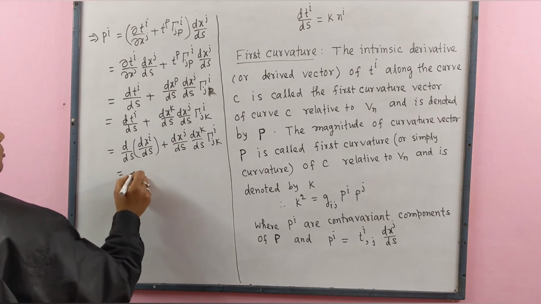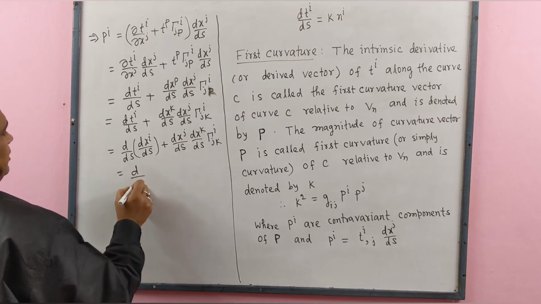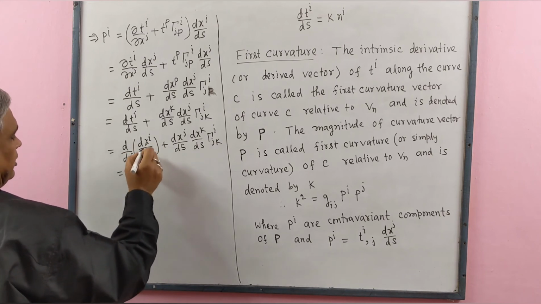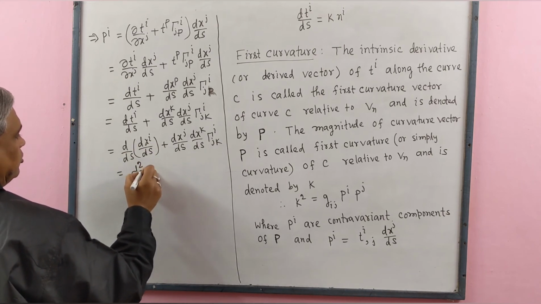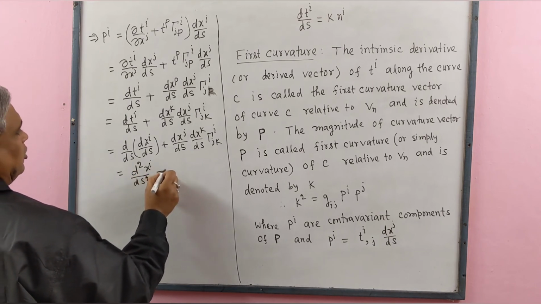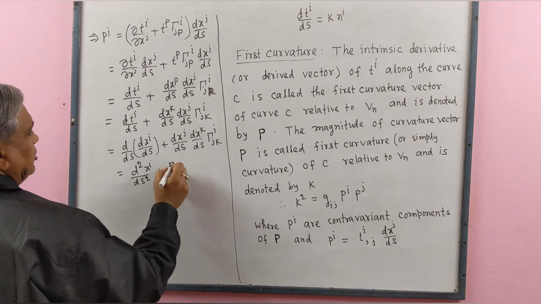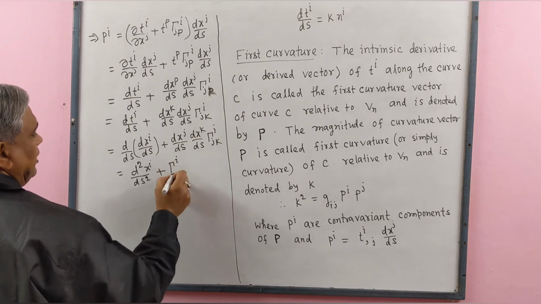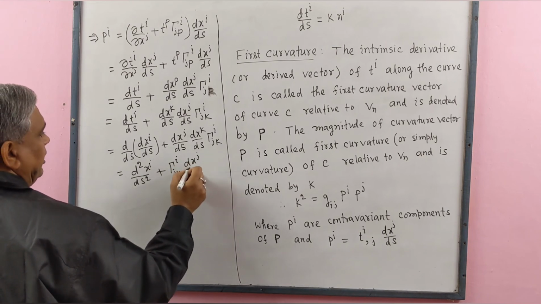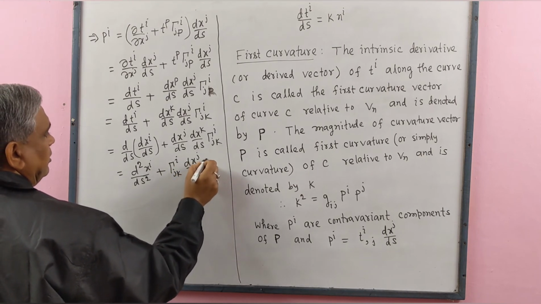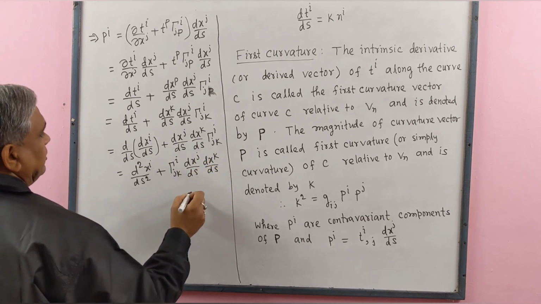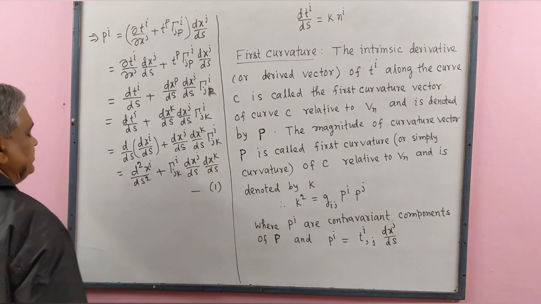This equal to d by ds, second order derivative, d2xi by ds square plus Christoffel symbol of second kind ijk, dxj by ds, dxk by ds. Let this be number 1.